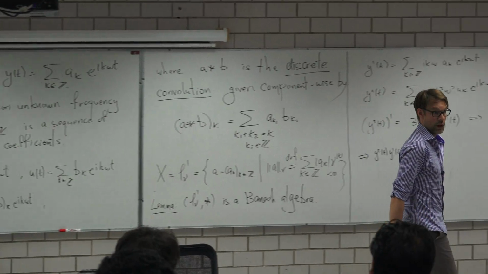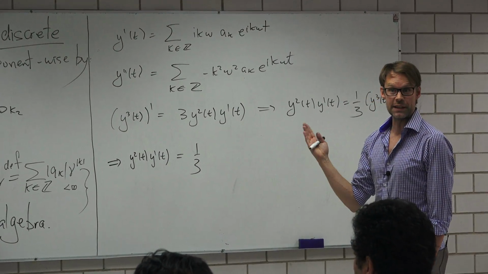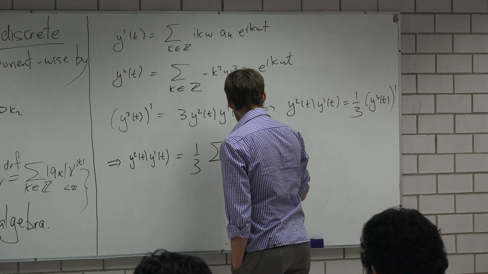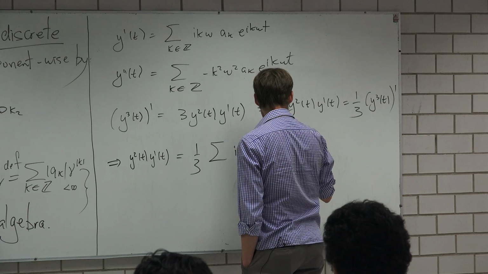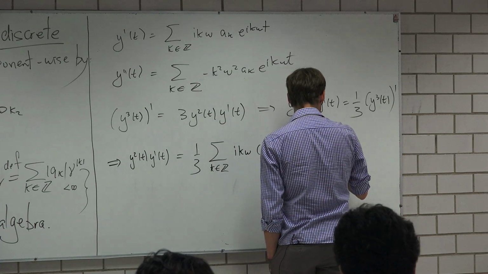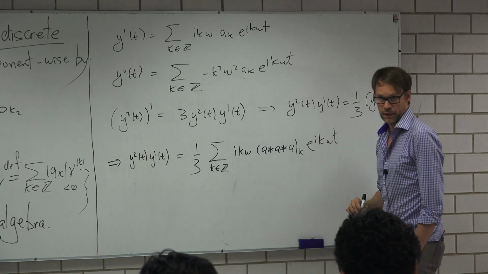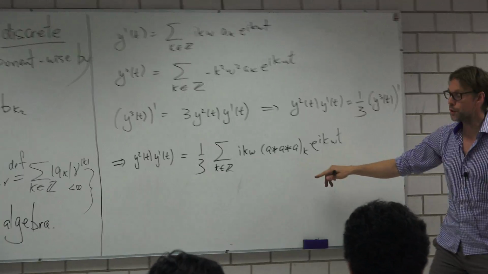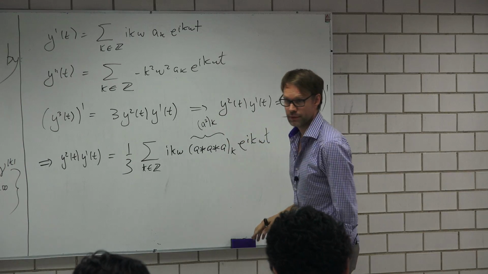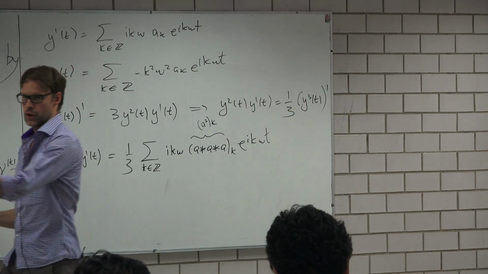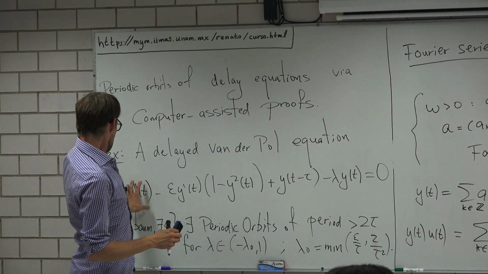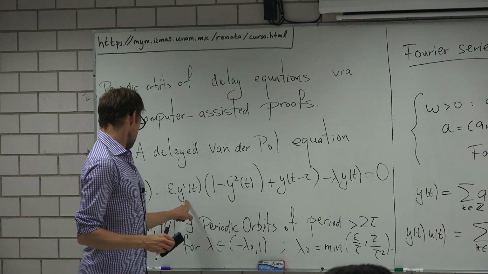That would be the Fourier coefficients of y cubed. But since I differentiate it, I have an ik omega appearing here, and then I have (a star a star a) sub k, e to the ik omega t. In fact, for that notation, it's an algebra, so we can even define that to be (a cubed) sub k. It's going to make a very dense notation. Okay, so that's the term which I need to take care of.